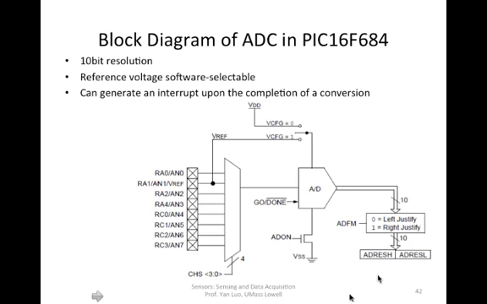This ADRESH, ADRESL, is the ADC result, high and low. Because this is a 10-bit value, you're going to need 2 registers to store it, and you have the option of doing left adjustment or right adjustment. That will determine how you interpret the final result coming from these two registers.